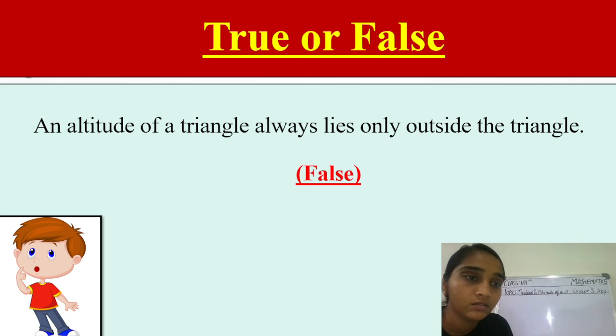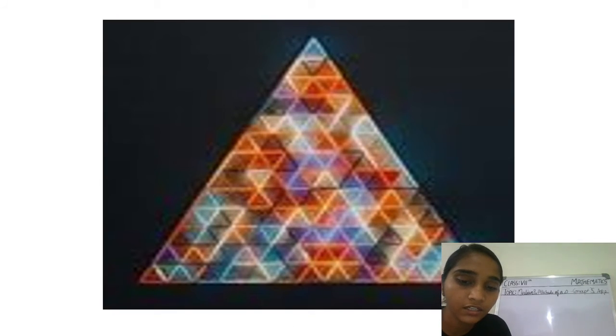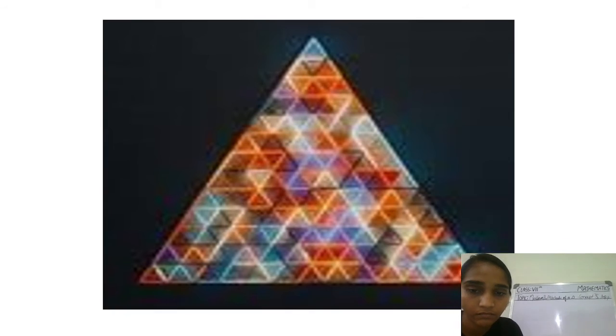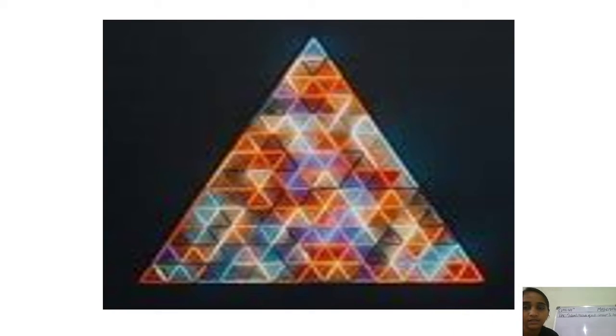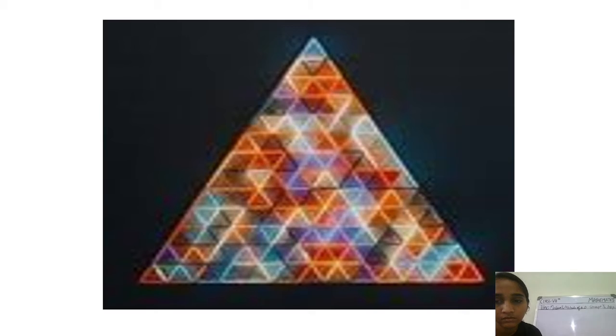Very good. So now, students, what do you see on your screen? Yes, that there is a triangle. And if I ask you to draw the median and altitude of this triangle, you will say that the median we can draw from this vertex to the midpoint of the opposite side, and the altitude will be the perpendicular line from one vertex to the other side, BC.